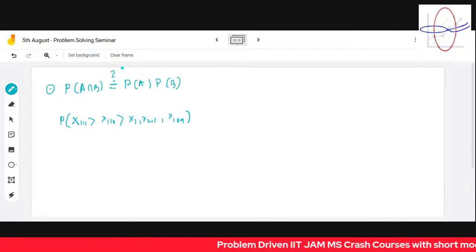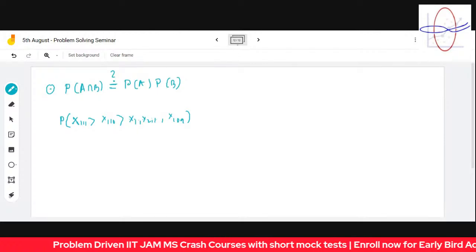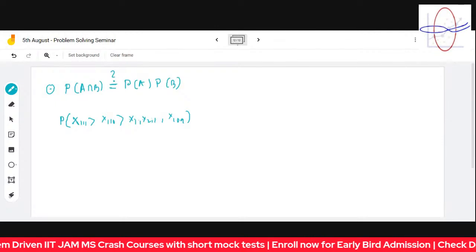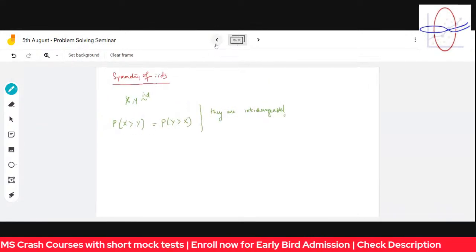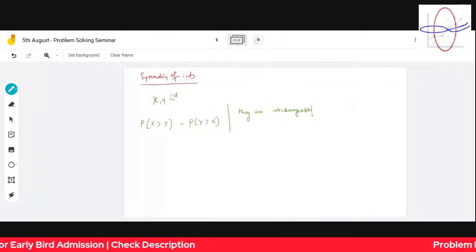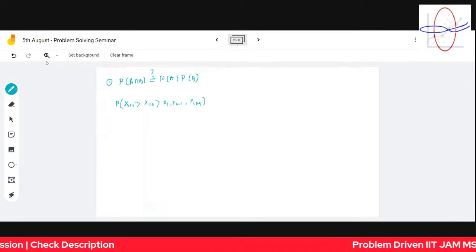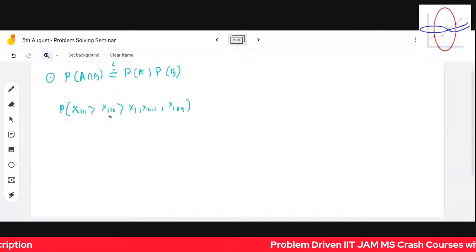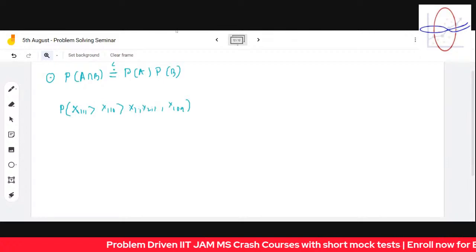This is A intersection B. That means the 11th jumper also sets a record and the 10th also sets a record. Intersection means both of them set a record. That means x11 greater than x10 greater than x1 and all of them.